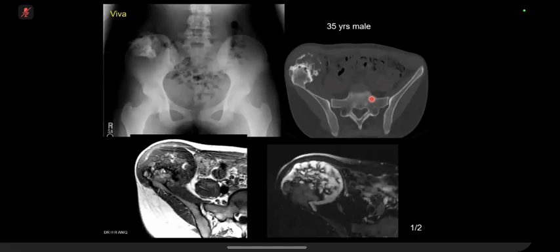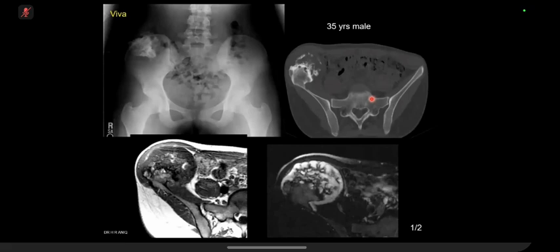So I'm presented with a frontal radiograph, an axial CT and MR in T1 and STIR weighted imaging. On the X-ray, there is a right chondroid calcified lesion arising from the right ilium. The lesion appears to be irregular.